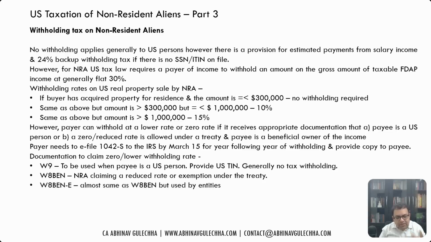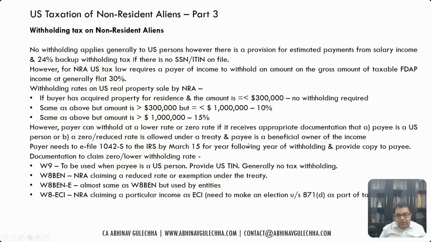W8BEN-E is again the same as W8BEN, but it is used by entities like corporates, partnerships, and all. W8ECI. Now, this form is to be used if you have income, say a rental income. You are an Indian resident, you have rental income in US, right?